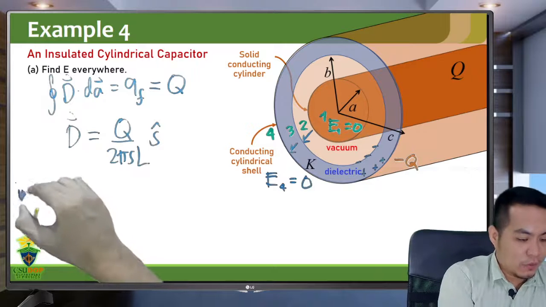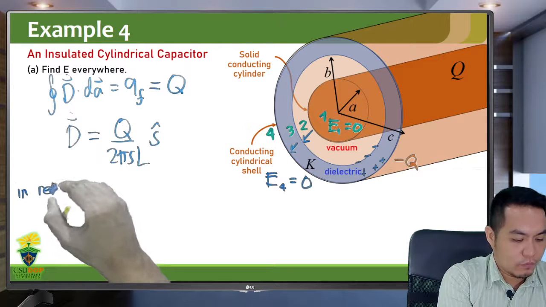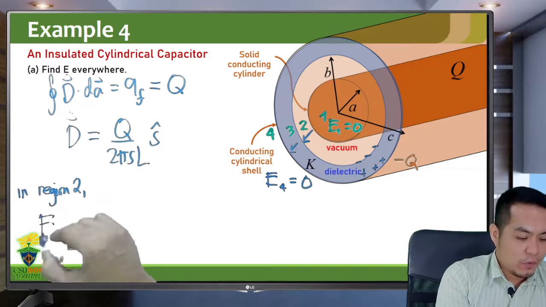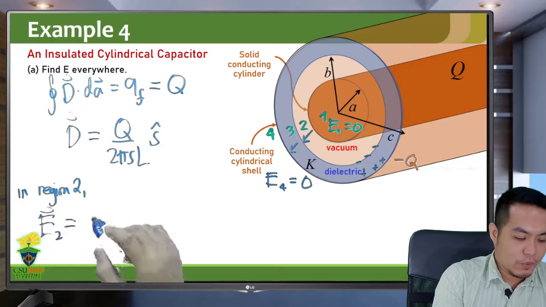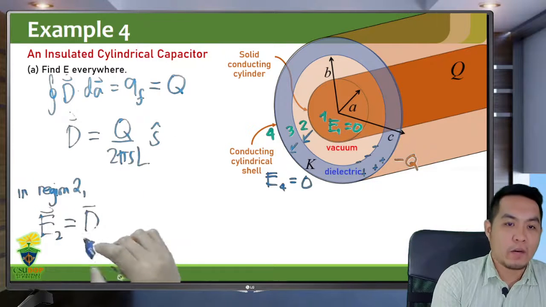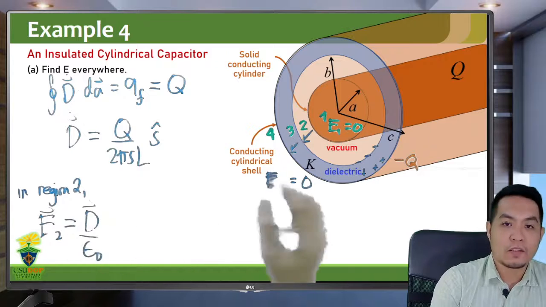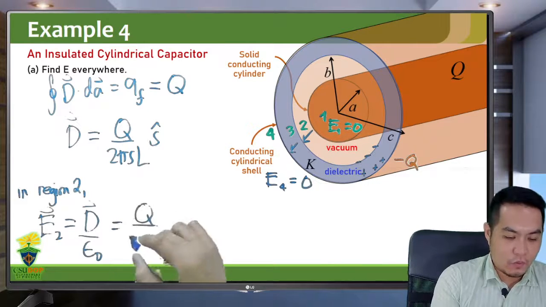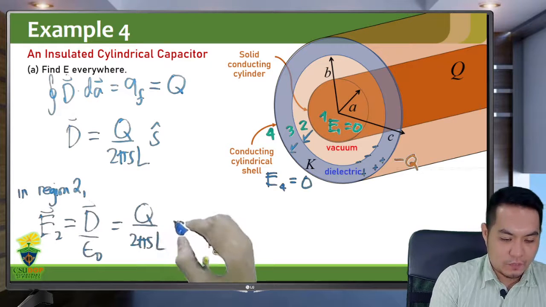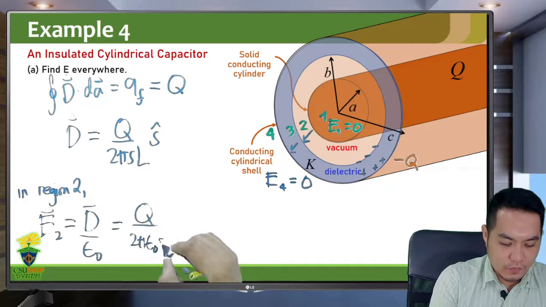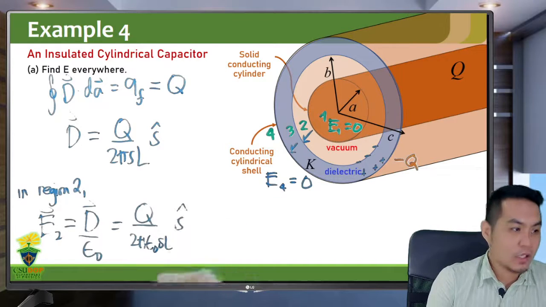So in region 2, E2 will just be equal to the displacement divided by epsilon naught, since this is vacuum. You will get Q over 2 pi epsilon naught SL, s hat.